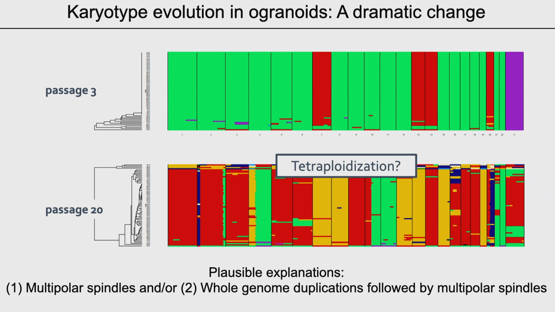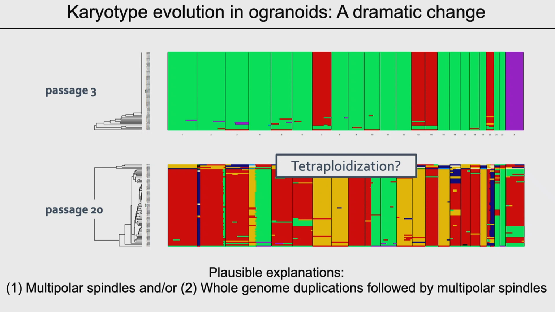This is something they do see in experiments, but we also know that something like this can happen during evolution, because we quite often see similar karyotypes, and we know that our cells are diploid, so we quite often have this type of transition during tumor karyotype evolution.